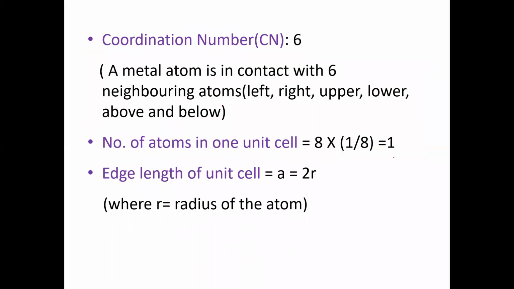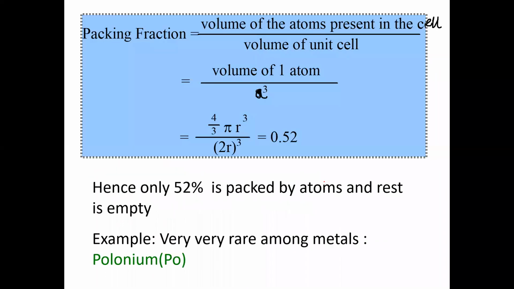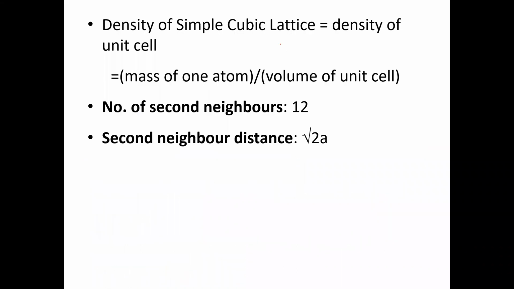And the number of spheres is 1, a is equal to 2r, and we found the packing fraction is very low, 0.52. Polonium is the only metal, because it is radioactive, and the reasons are not known why polonium chooses simple cubic.